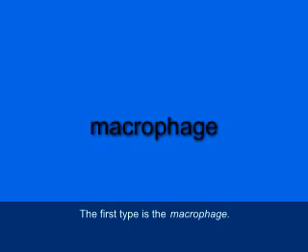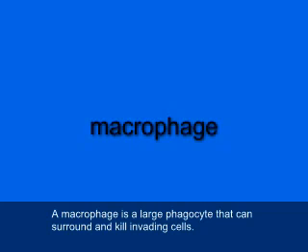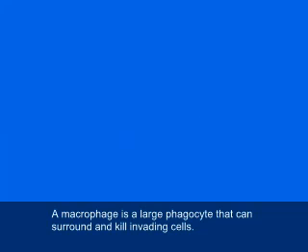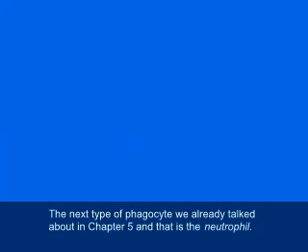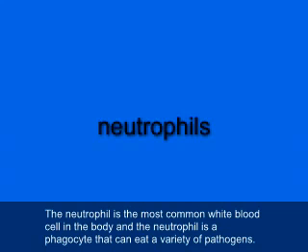The first type is the macrophage. A macrophage is a large phagocyte that can surround and kill invading cells. The next type of phagocyte we already talked about in Chapter 5, and that is the neutrophil. The neutrophil is the most common white blood cell in the body, and it is a phagocyte that can eat a variety of pathogens.